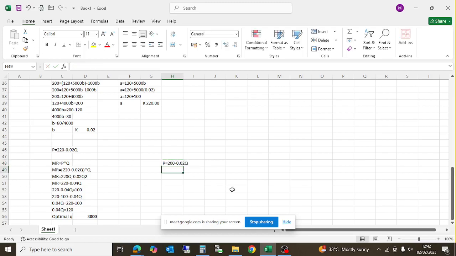So P is equal to 220, not the 200 that I wrote on top, I'll change it, minus 0.02 multiplied by the optimal quantity of 3000, and then it will give us the optimal price.